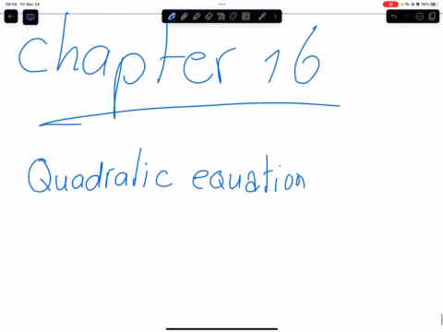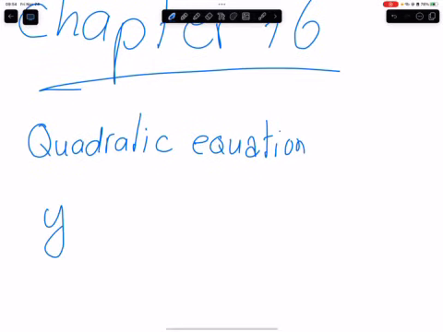A quadratic equation is an equation with something to the power of 2. That's how you identify a quadratic equation.